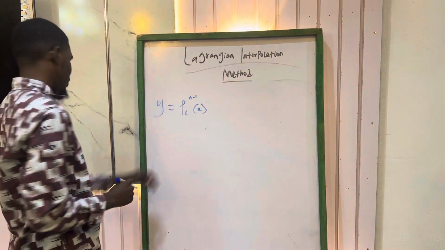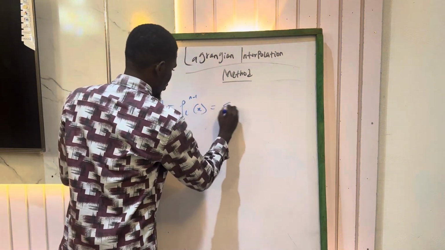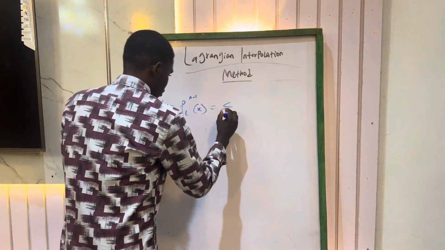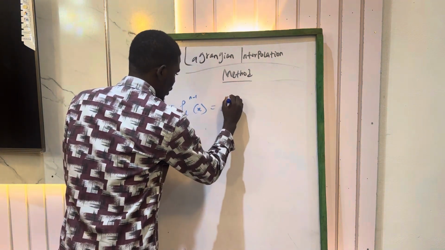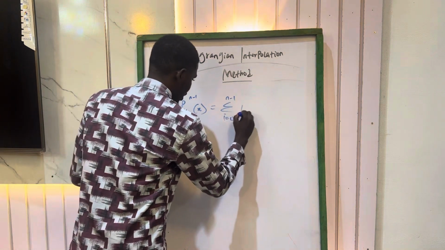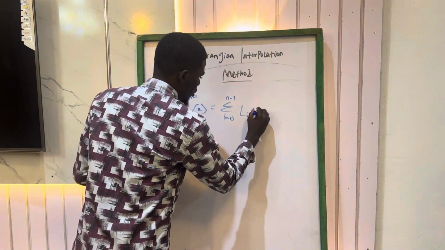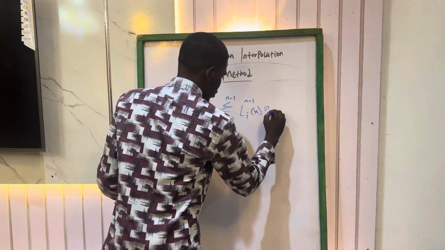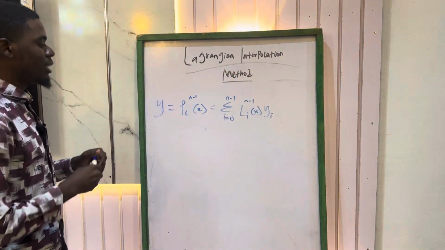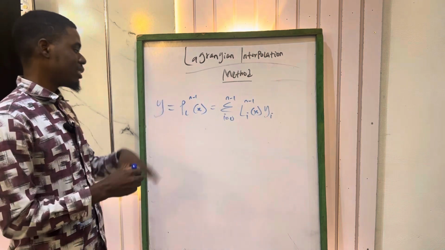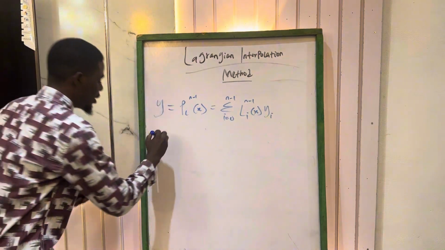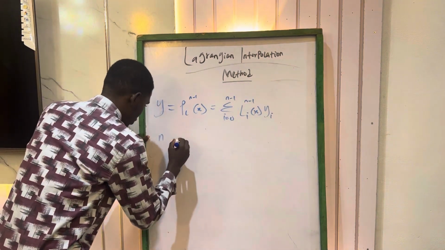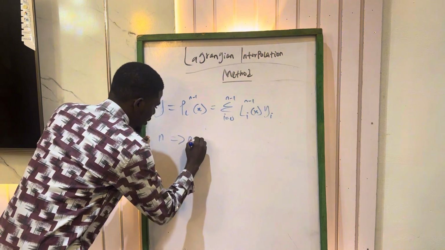This can be further simplified into the summation from i = 0 to n - 1 of L_i,n-1(x) multiplied by y_i. This is the Lagrangian formula. What does our n represent here? n is just the number of points that we're given.